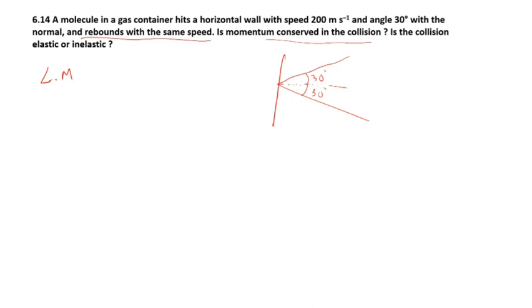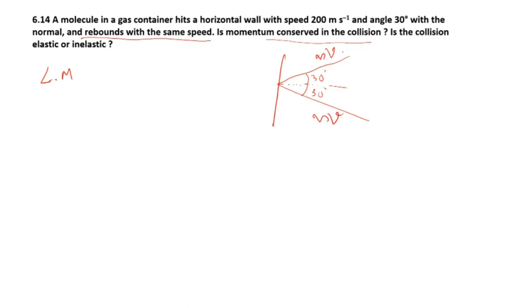Okay, and they're given the speed of the molecule. The speed of the molecule is the same before the collision and after the collision. So mass doesn't alter. So mv before the collision is mv, and after the collision is mv. So the linear momentum is the same.